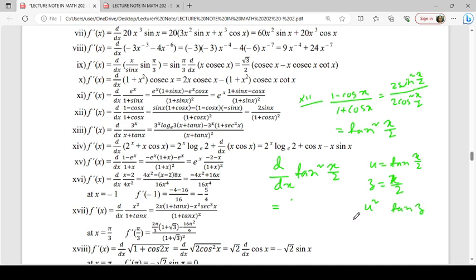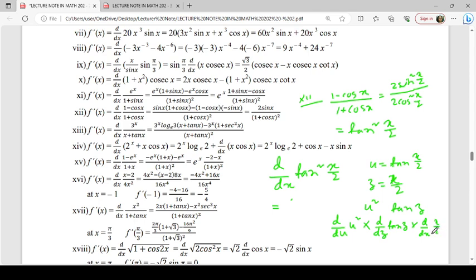To get d/dx of this, we do it like this: d/du of u square, then du, where u is tan z, so d/dz of tan z, into z is x by 2, so d/dx of x by 2.